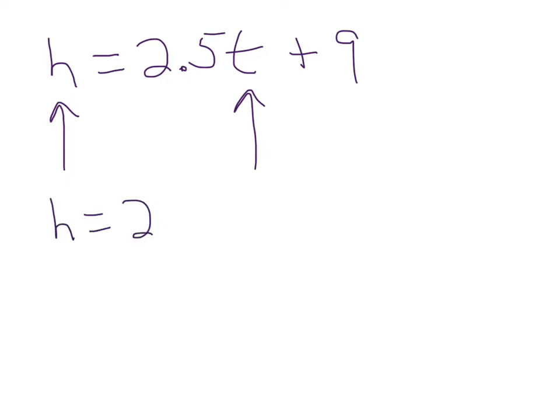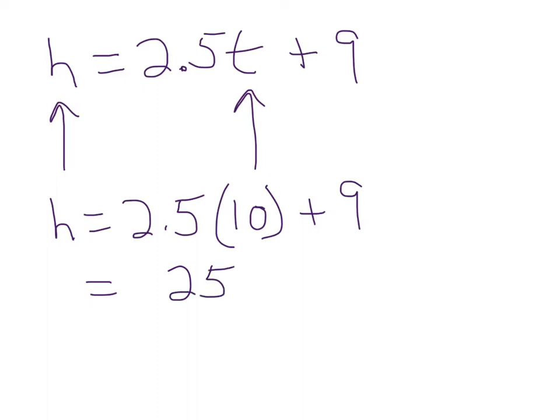h equals 2.5, and for the t, I'm going to plug in the number 10, and then I need to add 9. Okay, so this says that at a growth rate of 2.5 feet per year for 10 years, I will be at 25 feet, plus the original 9 that the tree was when we planted it, says that the height of the tree will be 34 feet tall after 10 years.